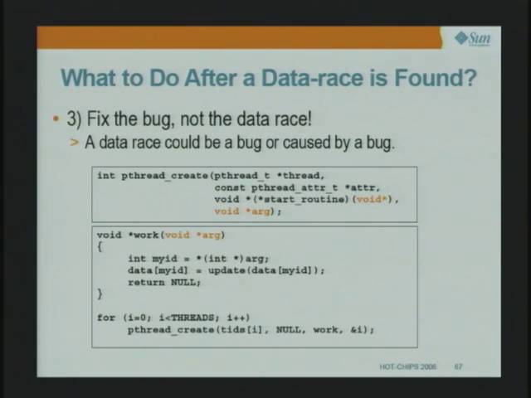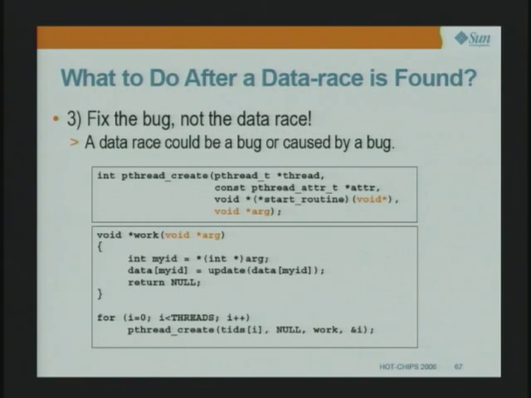Because this argument's type is a pointer to void, in this program the programmer thinks, OK, I just pass the address of i to this routine, and here I cast it to a pointer to int, then get the contents of this address, so I can get i and work in this routine.